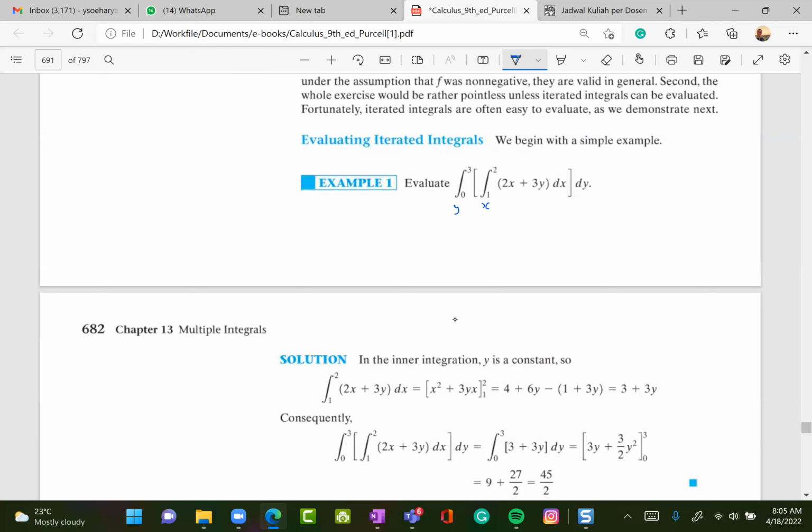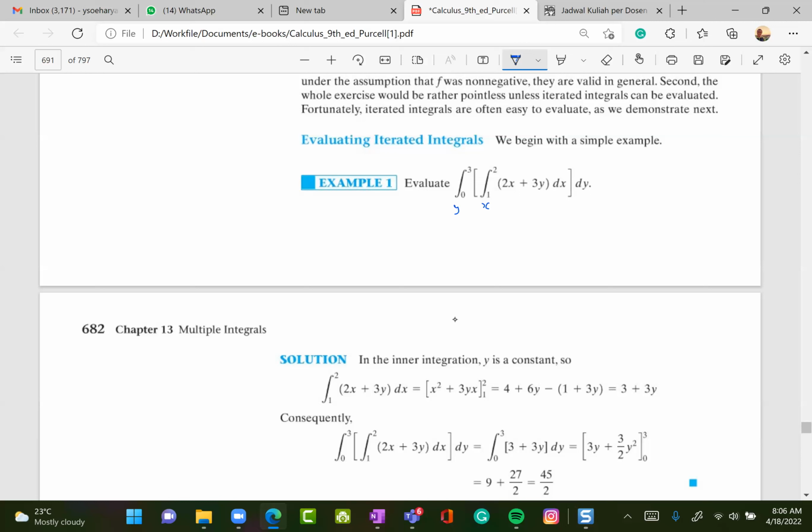So this is the reverse of a partial derivative. All right, so if we compute this, you get 3 plus 3y. Okay, so the x will vanish. Everything with the x will vanish because you substitute 1 and 2 for x.